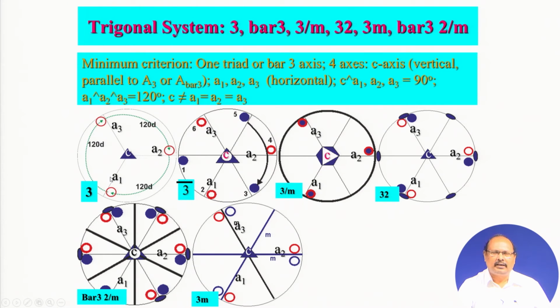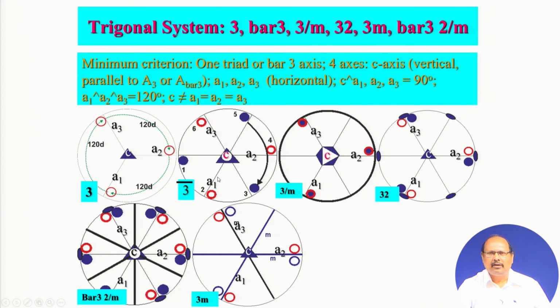And as we have seen in the case of the tetragonal crystal system, the atomic density or concentration of the atoms along A1, along A2, along A3 will be the same. That is why the unit cell dimensions of A1, A2 and A3 are the same, but this is not equal to the vertical C crystallographic axis.